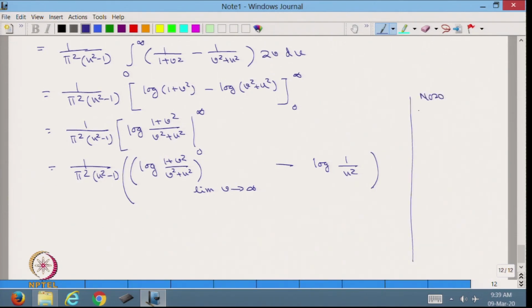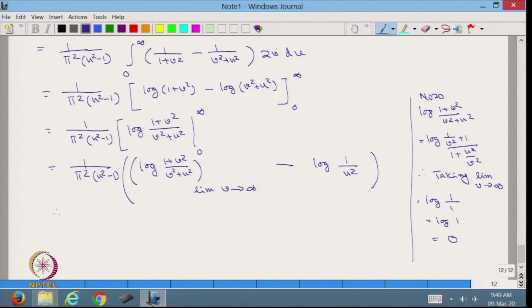Now, log of 1 plus v square upon v square plus u square is equal to log of 1 upon v square plus 1 upon 1 plus u square upon v square. Therefore, taking the limit v going to infinity, we get log of 1 upon 1, which is equal to log of 1, which is equal to 0.